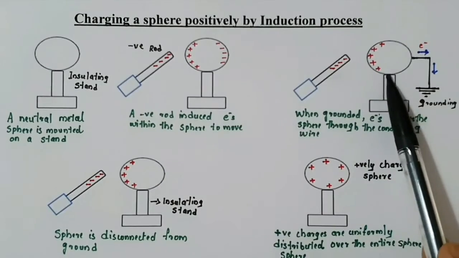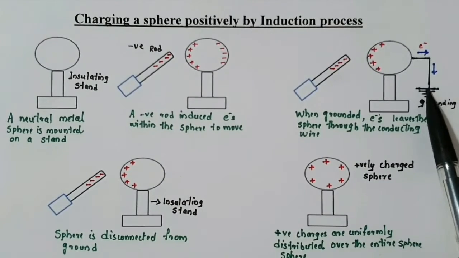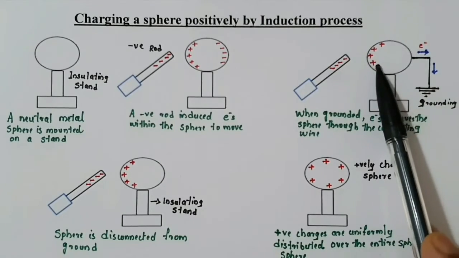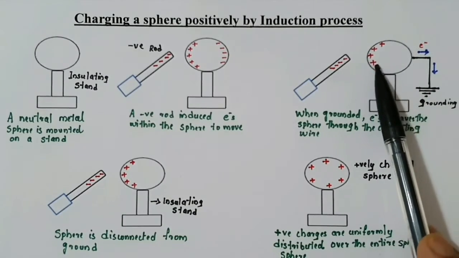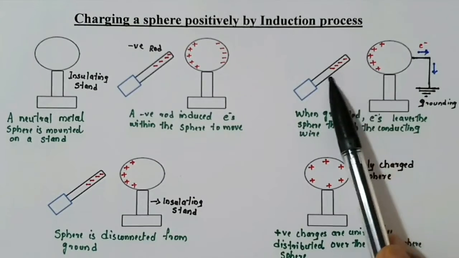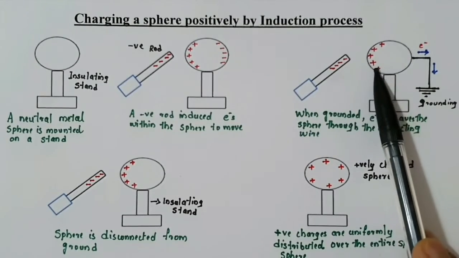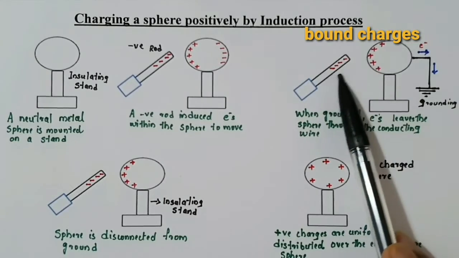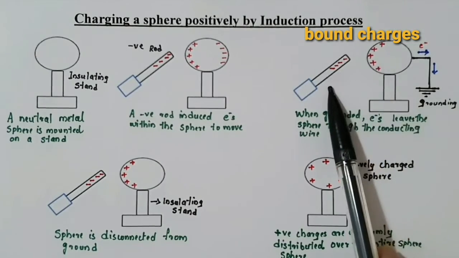Now ground the sphere with a conducting wire. Then electrons flow to the ground. But the positive charges remain there because they are attracted by the negative charges on the rod. These charges are known as bound charges because they are attracted by an external charge, so they cannot move.